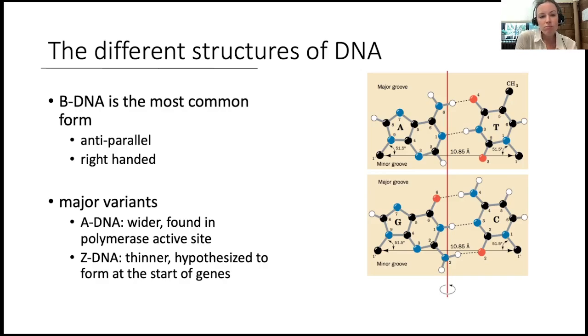So A-DNA, it's a bit wider. It's found in the polymerase active site, so it is observed in nature. And then Z-DNA is a little bit thinner, and it is hypothesized to form at the start of genes as kind of like a locator.